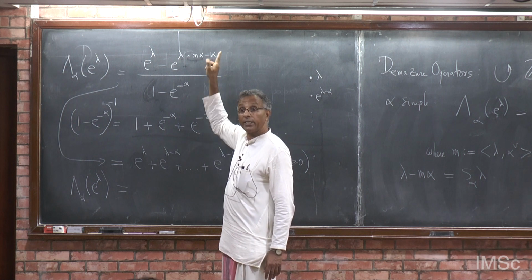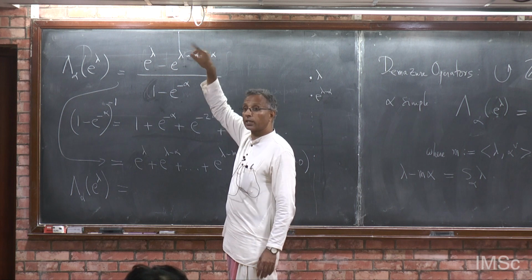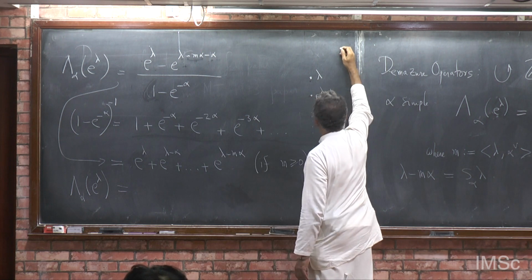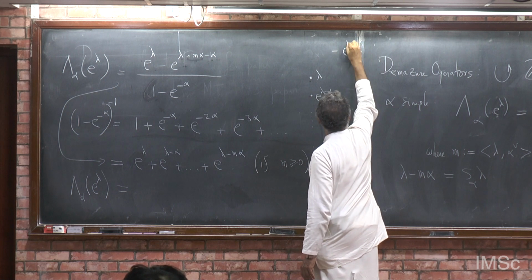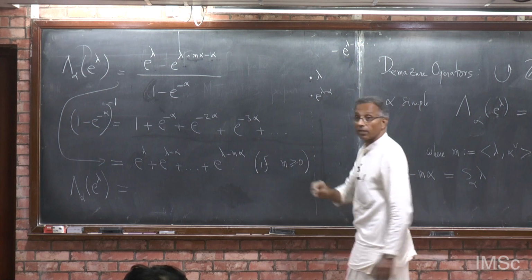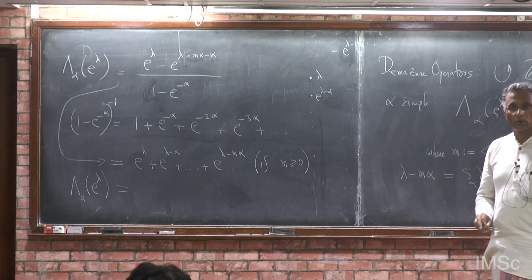So it would be 19 alpha, right? It would start at 19 alpha. So I have minus e to the lambda minus 19 alpha, correct?